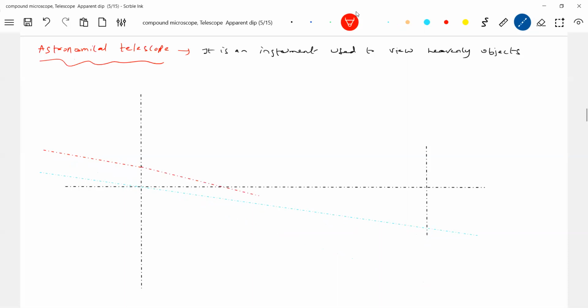They will bend. Okay, these are the rays.